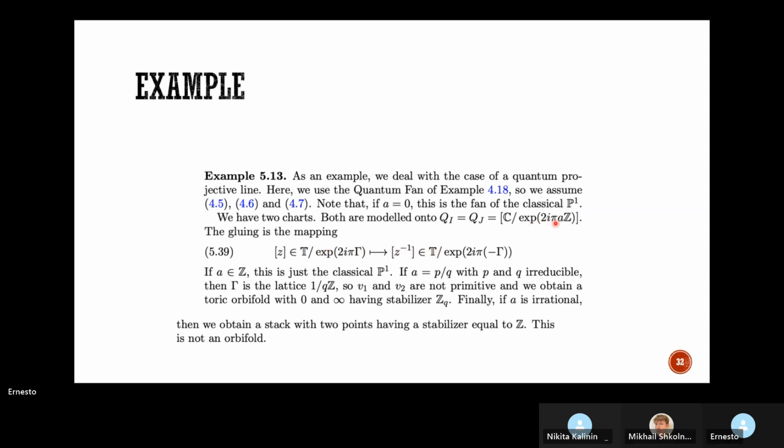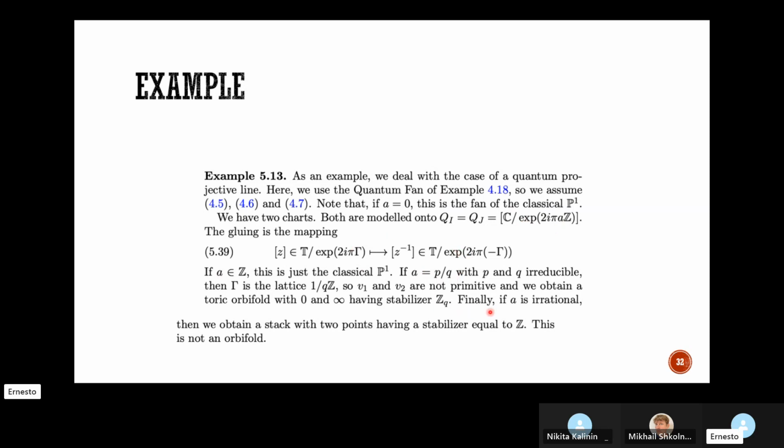So I have these two charts, and if A is 0, well, this is just classical P1. But when A is P divided by Q, then we get these orbifolds when A is rational.